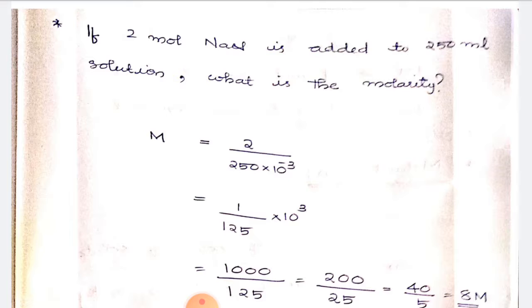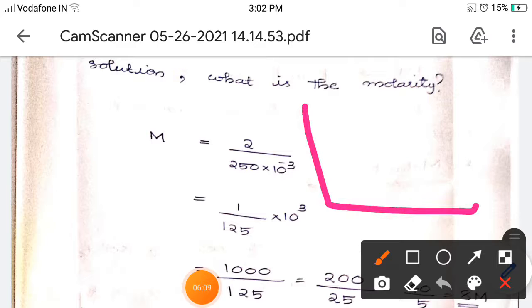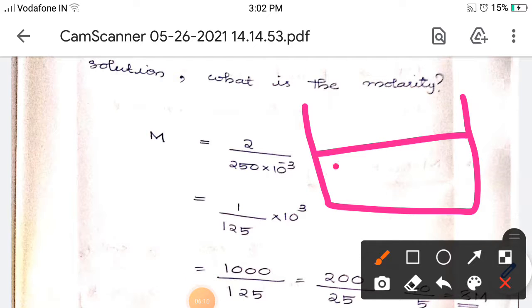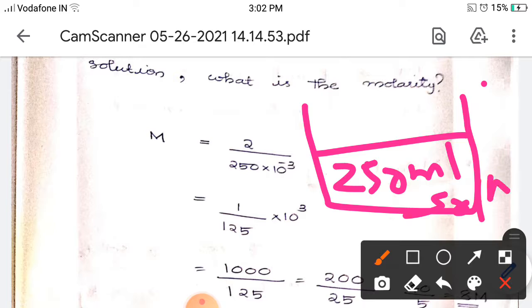If 2 moles of NaCl are added to 250 ml of solution, that is, 250 ml of solution, or water, and I am adding NaCl, how many? 2 moles.